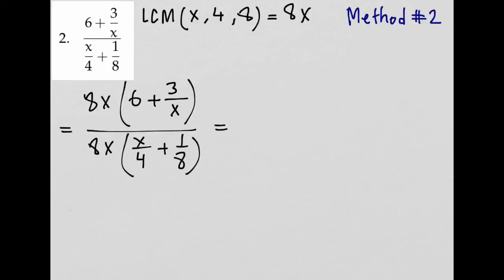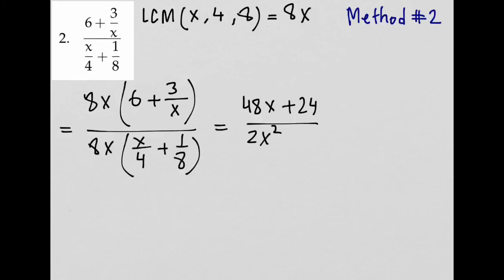8x times 6, that's 48x. 8x times 3 over x, that's 24. 8x times x over 4, that's 2x squared.